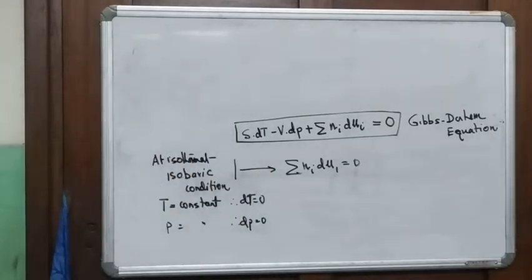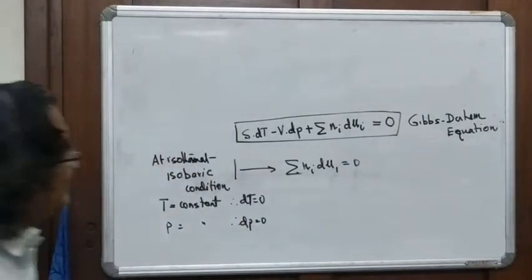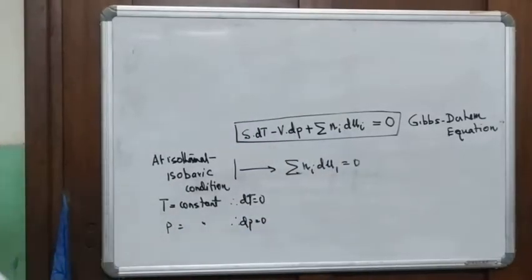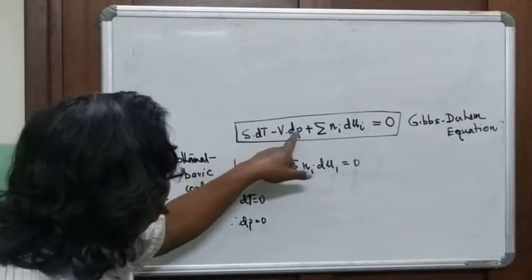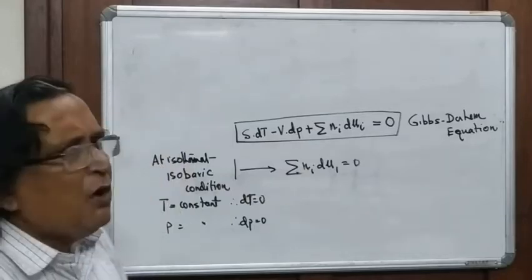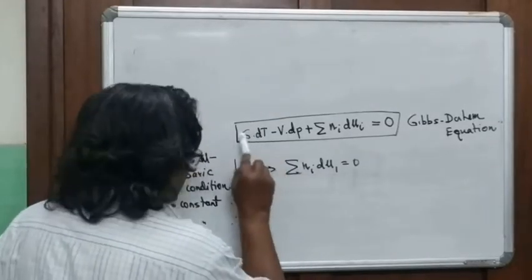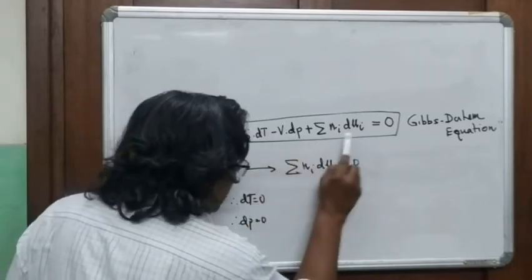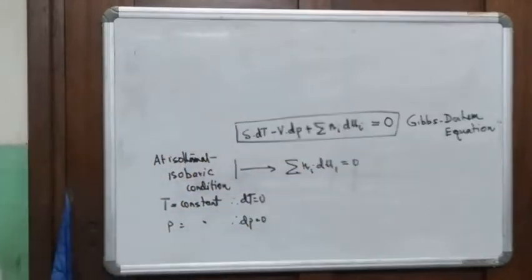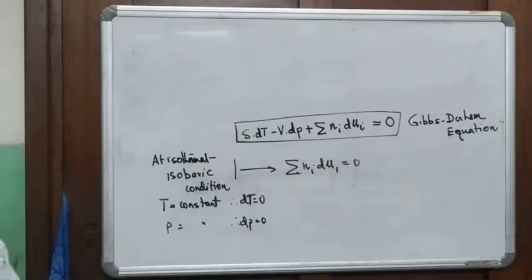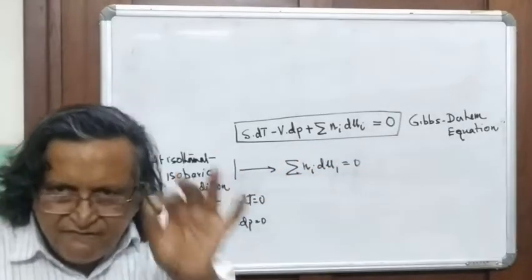This is important. Okay, right. So, this is the Gibbs-Duhem equation. Let's say these are dT, dP, and d mu i. These are all the variables that you have. What does it relate to? A particular phase.